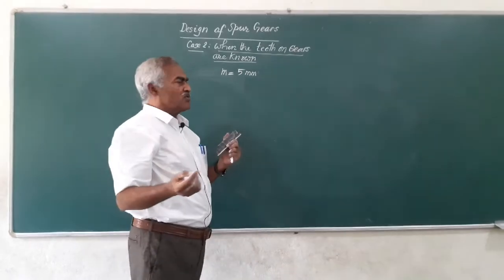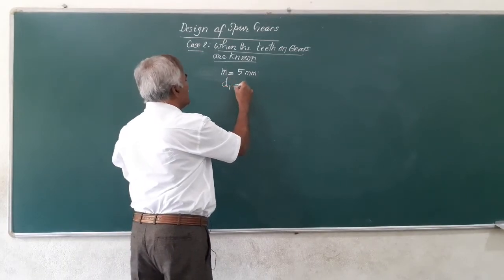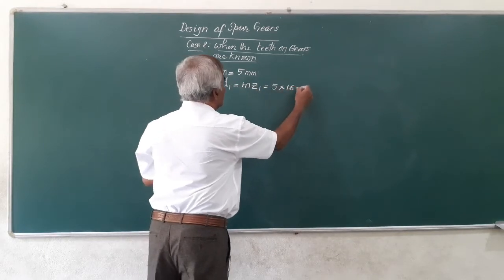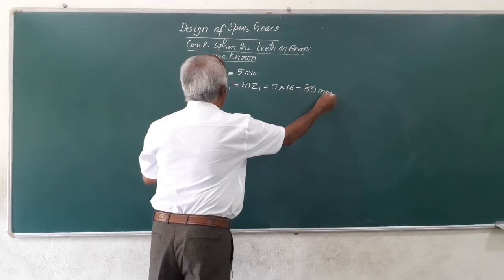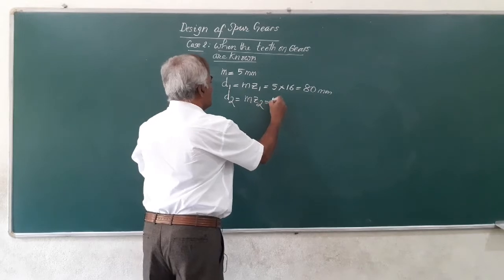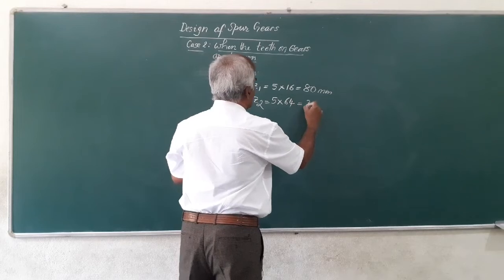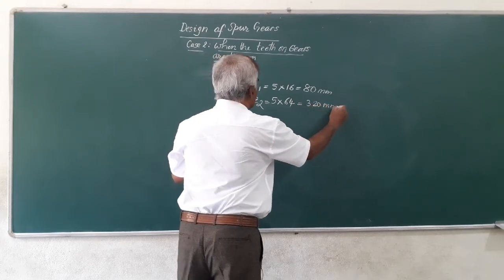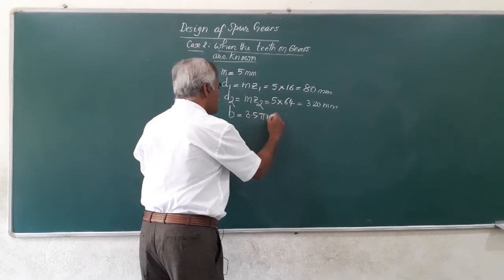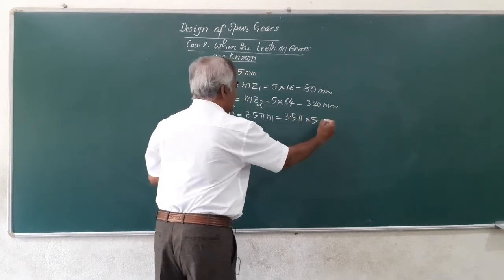So once you have module, you will be able to find out the diameter of the pinion. D1 is m z1, that is 5 into 16, 80 mm. Likewise D2 is equal to m into z2, m is 5, z2 is 64, 4 times that is 320 millimeter. Then the face width b is 3.5 pi times module, that is 3.5 pi into 5 millimeter.